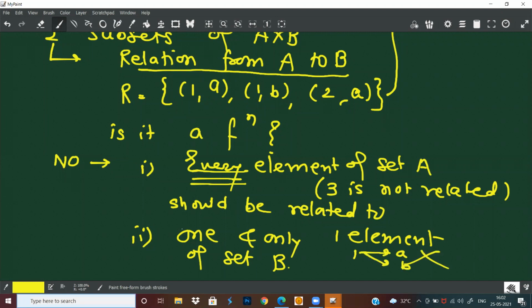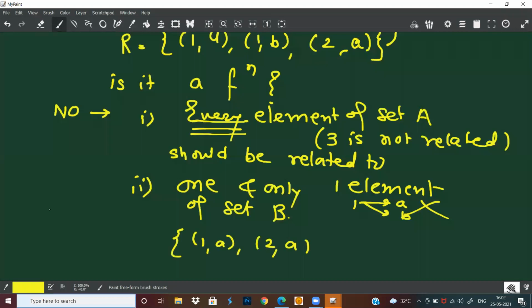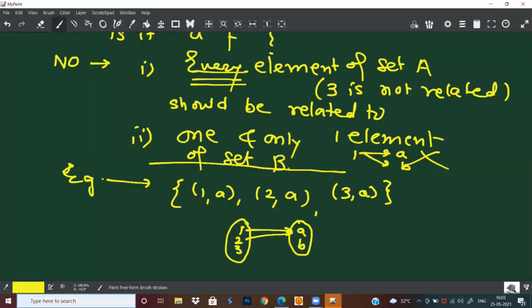Many can go to A. Suppose I take 1 comma A, 2 comma A, and 3 comma A. This is example 2. If you draw this with the arrow diagram, 1, 2, 3, here you have A and B. All are going to A, but all are going from set A to any one.